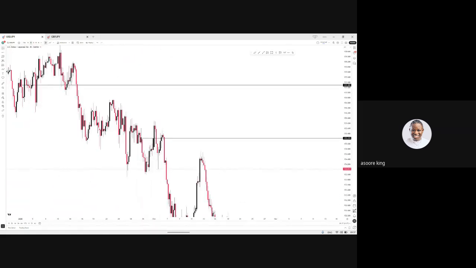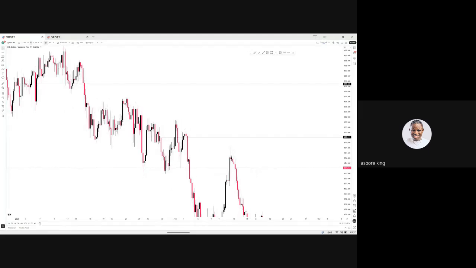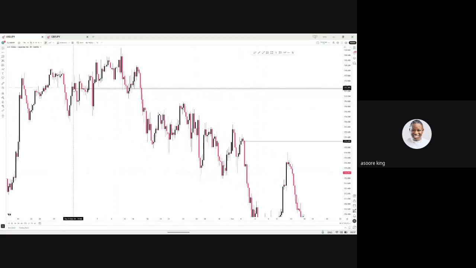Now on this one, we have this area, this open close that was tested before, broken, which is support turned to resistance. This line right here is a perfect level to sell, and we have this last one right here.